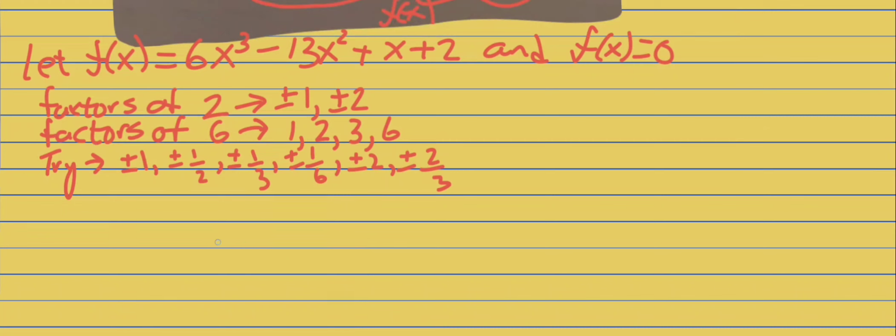Do you understand how we got these? First, plus or minus 1 over each of these, which means plus or minus 1 over 1, which is plus or minus 1, plus or minus 1 over 2, positive or negative 1 over 3, then positive or negative 1/6, plus or minus 2 over 1, which is 2, but 2 over 2 was 1, which we already had considered, so I didn't write it down, and then 2/3, and then 2/6, which is just 1/3.